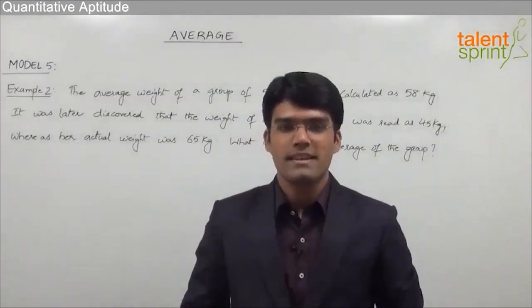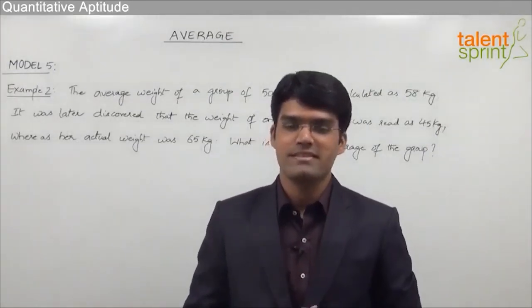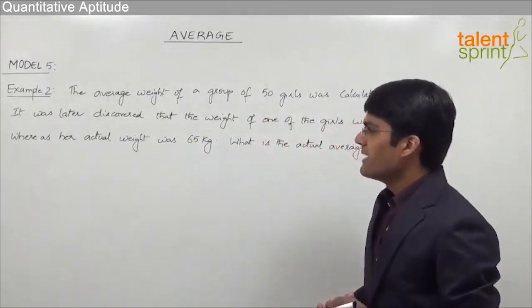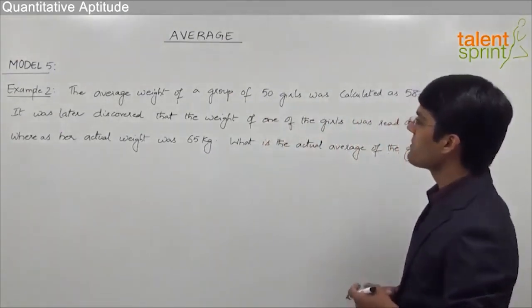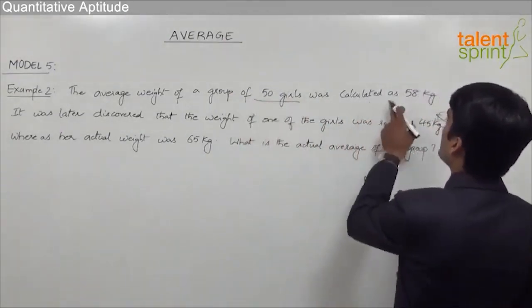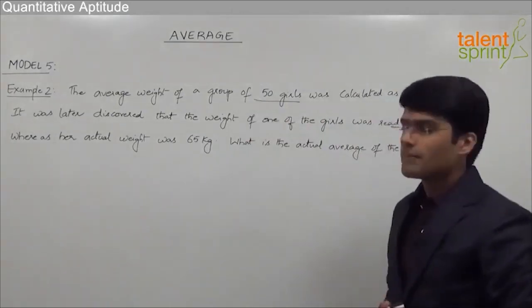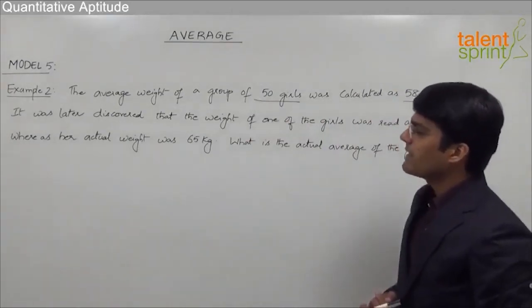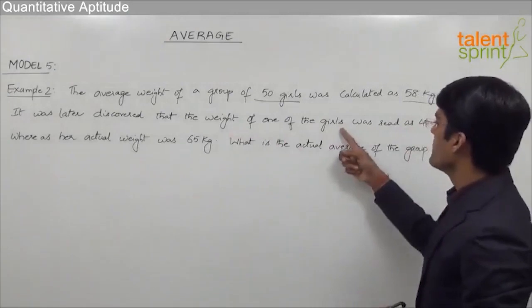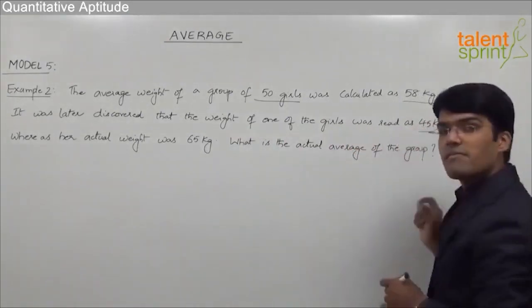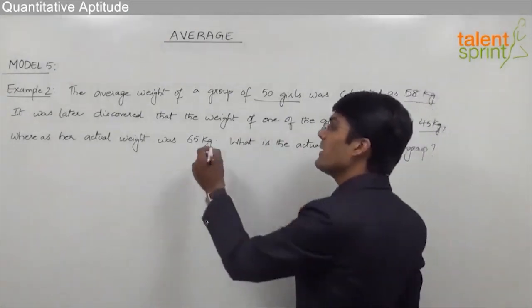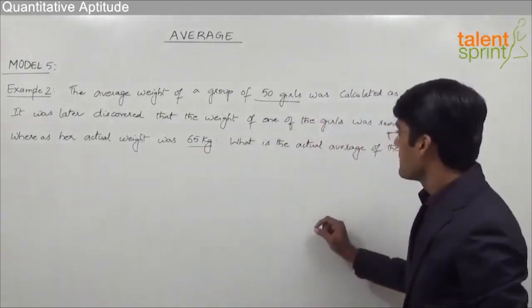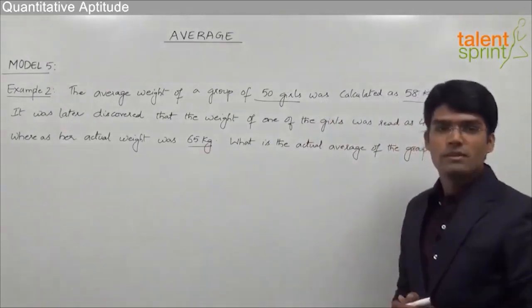Let us now take another example based on the model that we have just discussed. The question here is, the average weight of a group of 50 girls was calculated as 58 kgs. It was later discovered that the weight of one of the girls was read as 45 kg, whereas her actual weight was 65 kg. So what is the actual average of the group?